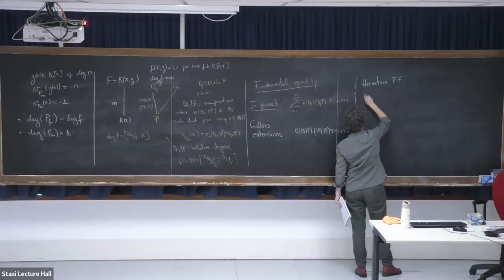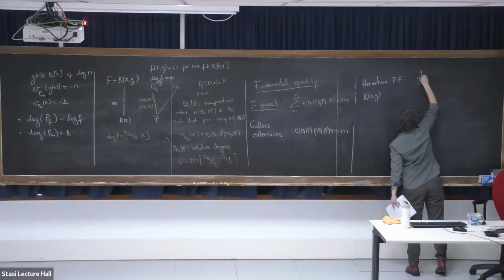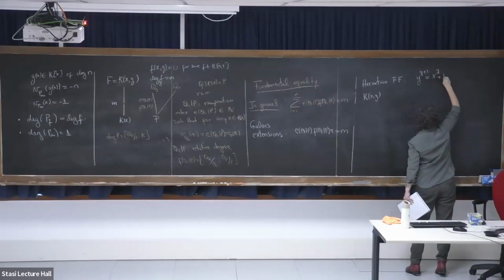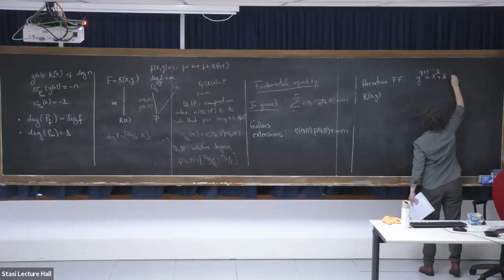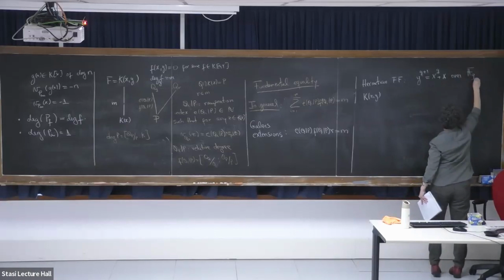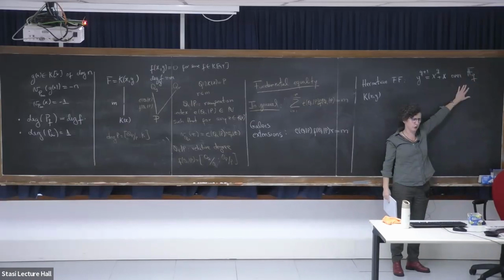So we have K of x and y. So this is the equation. Now it's going to be over F_q. So who is F_q? F_q is the finite field with q elements. So q is a power of a certain prime you have fixed.